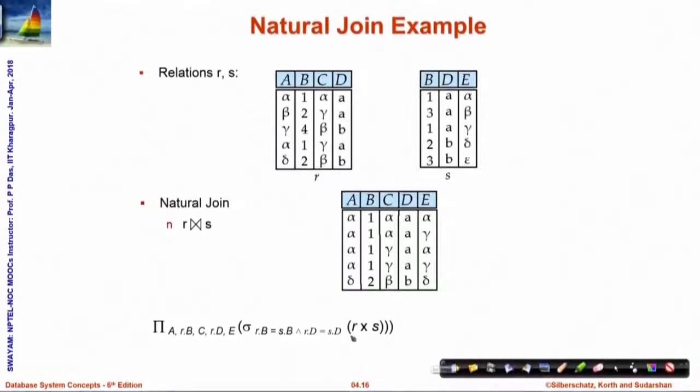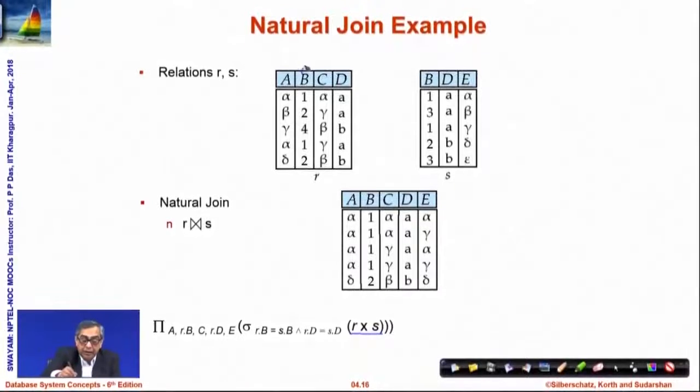So, you take the Cartesian product, now look at the expression. The common attributes are B and D. So, the B attribute is R dot B and S dot B. We say that in the Cartesian product R dot B must equal S dot B. If the name is common, the value will have to be the same for them.